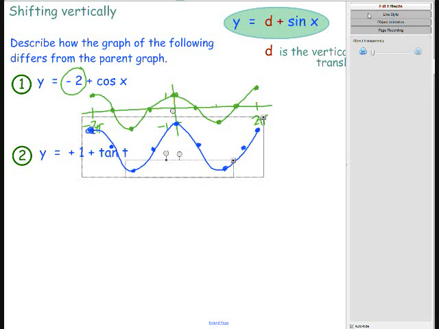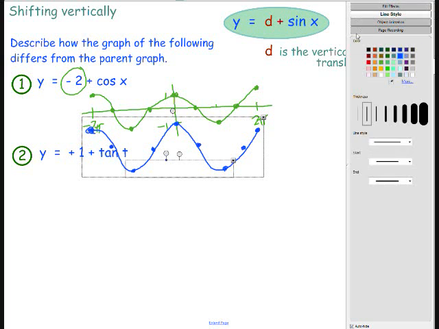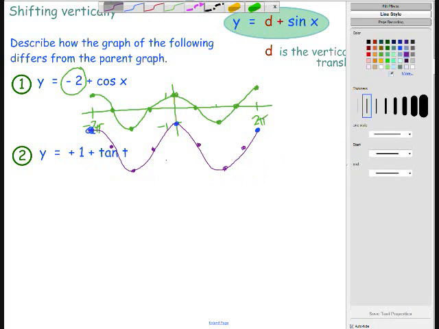I'm going to change that to purple. And maybe go to smaller. Okay, that's better. All right. So this isn't quite it yet, is it?